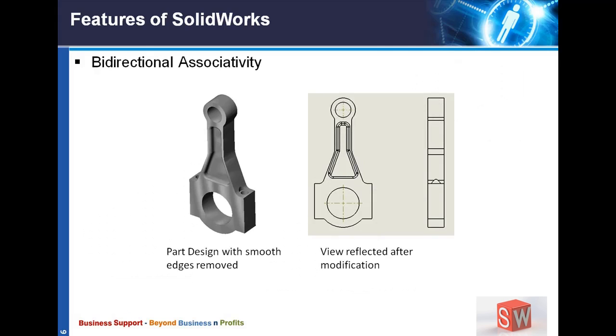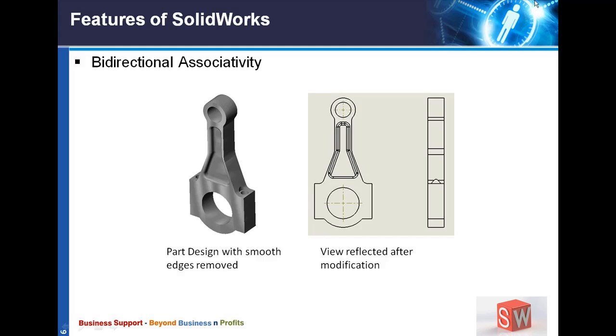The next feature is bidirectional associativity, which is more interesting in SolidWorks. You create the part, you do the modeling, and once you complete the assembly modeling, you go for creating the production document drawings. What you see here is exactly that, the production document drawing.